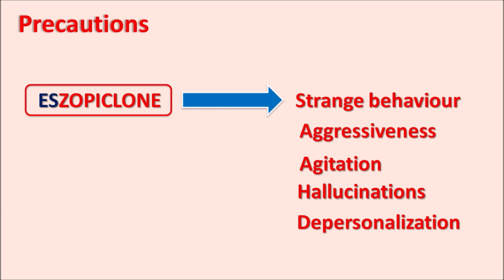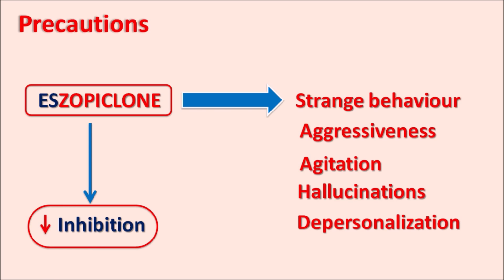All this can be observed with this drug, and these effects are mainly due to reduced inhibitory response within the CNS. When the inhibition is reduced, it may lead to a few psychotic symptoms, resulting in aggressiveness, agitation, hallucinations, and some abnormal behavior.